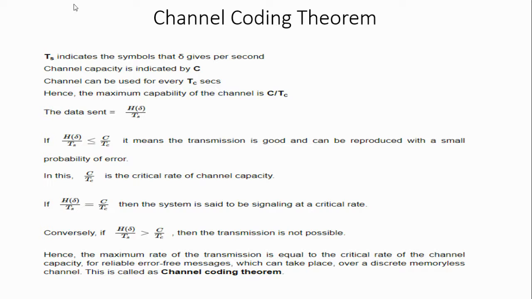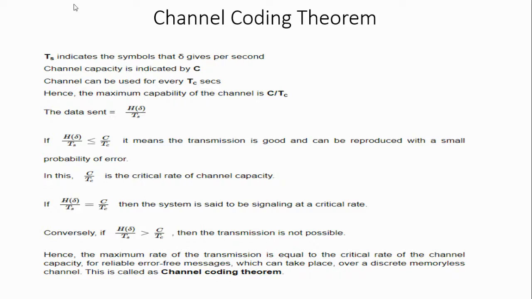Ts indicates the symbol period and channel capacity is indicated by C, and the channel can be used for every Tc time period. The maximum capacity of the channel is C by Tc. The data sent is equal to H of delta divided by Ts. When H of delta divided by Ts is less than or equal to C by Tc, it means the transmission is good and can be reproduced with a small probability of error.